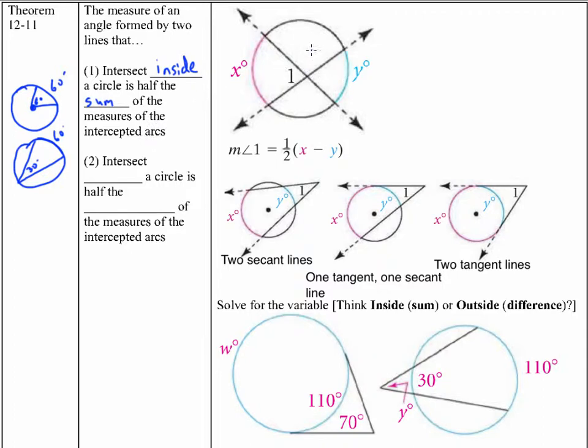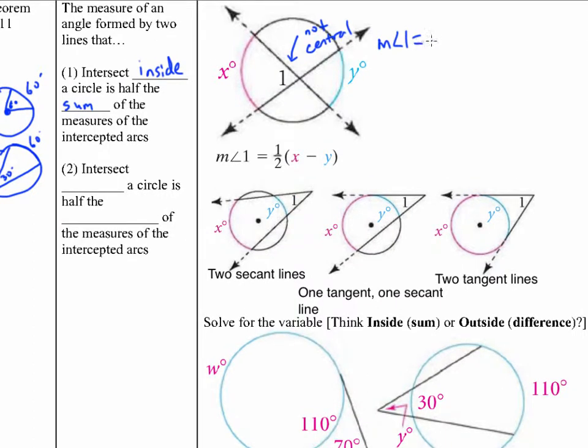He's not in the center. This is not a central angle, because if it was a central angle, it would be just this one right here. But instead, the measure of angle 1 equals half of the sum, x plus y. The measure of this angle on the inside is half of the sum. That's the key thing right there.